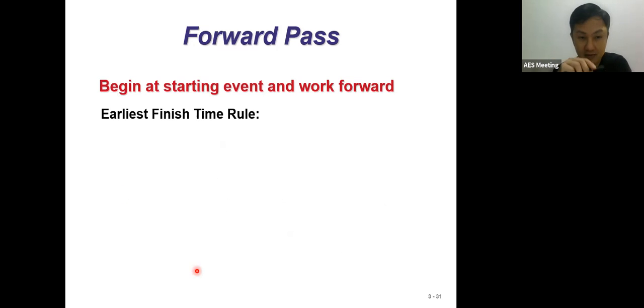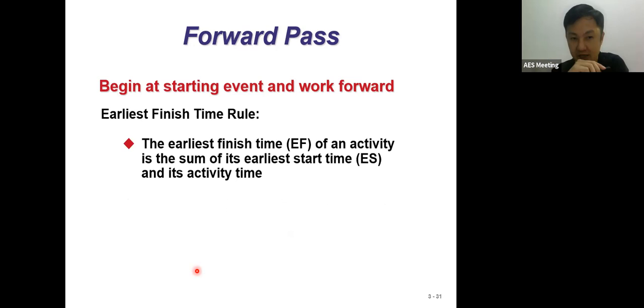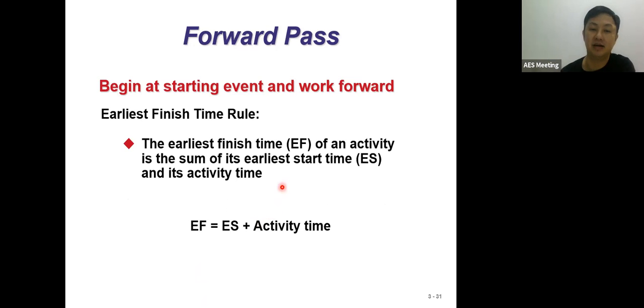Now, how about the time rules? The first rule is that the early finish of an activity is the early start plus the activity time. So EF equals ES plus activity time. The formula is given for you.